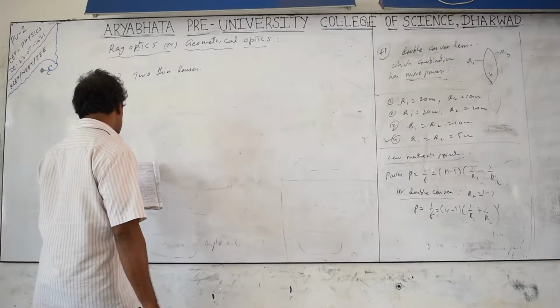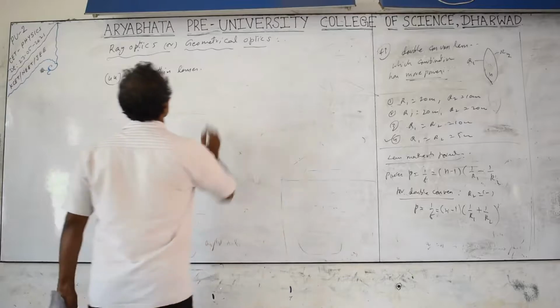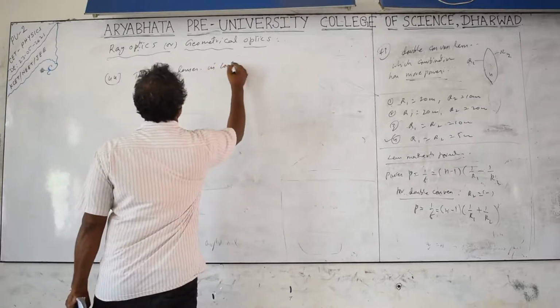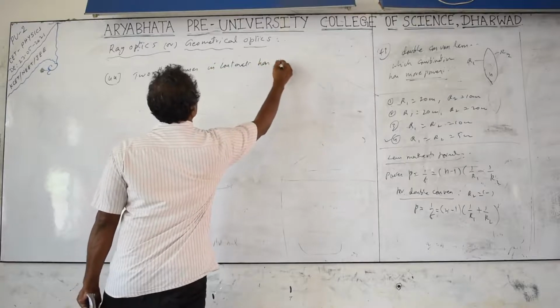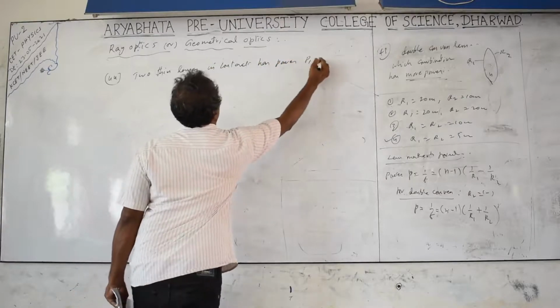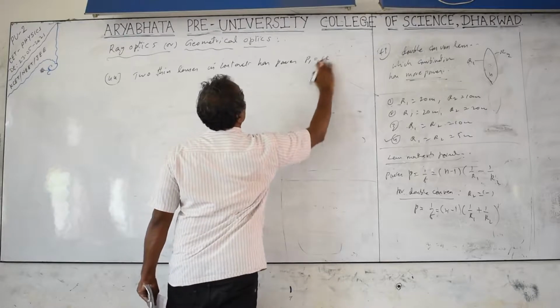Two thin lenses in contact have a power of plus 10 diopters.